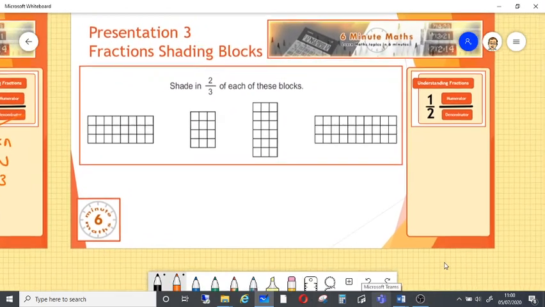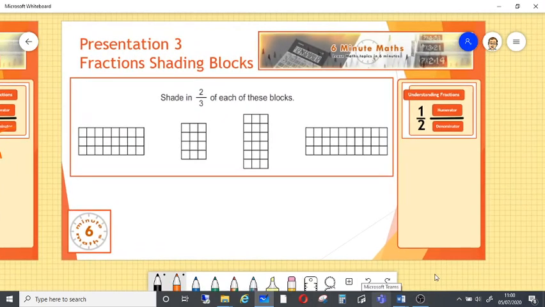So this is shaded in 2/3. So what we're going to have to do is whatever the value is, divide by the denominator times by the numerator. Denominator is the bottom number, numerator is the top number. So we're actually dividing it by 3 and then timesing it by 2, because the denominator is 3, numerator is 2. So count these up. 3, 6, 9, 12.